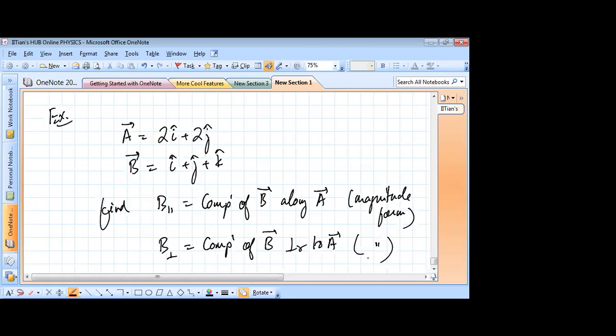Yes, that is correct, Somaru. The parallel component is correct, Somaru.